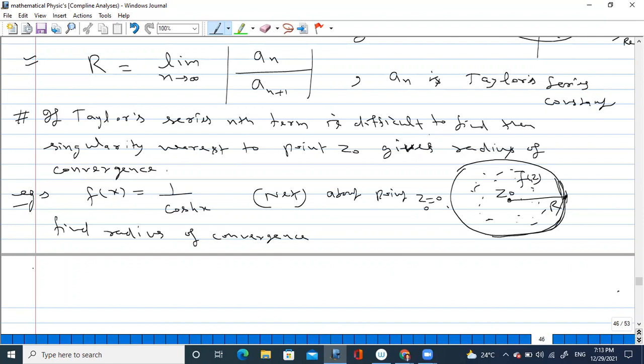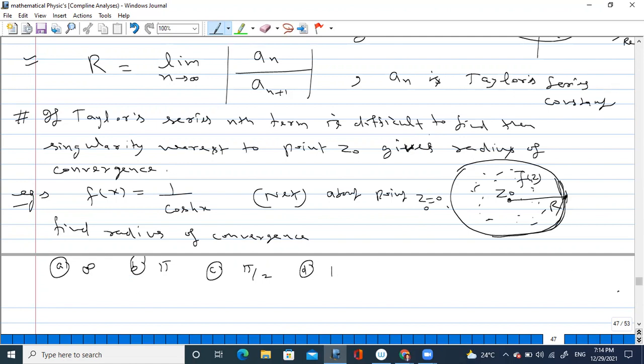And the options are infinity, pi by 2, 1.